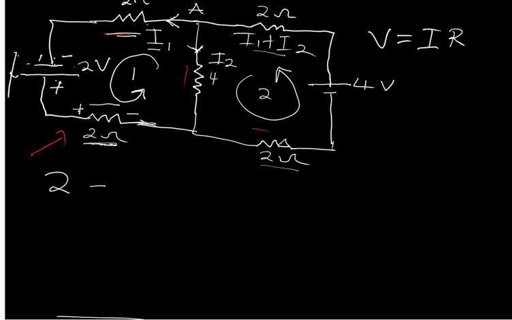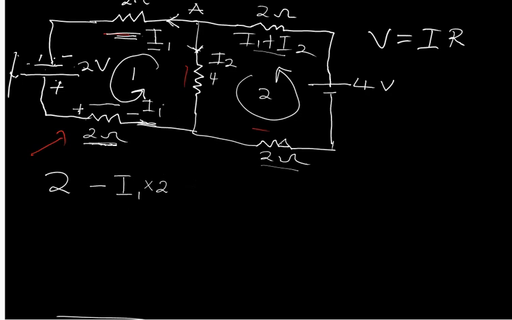That is going to be I1. So this I1 is still flowing through this 2 ohm resistor, multiplied by the resistance, which is 2. So that's going to be 2 times I1.